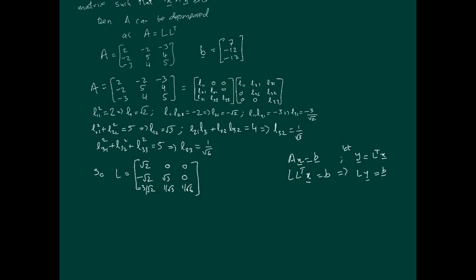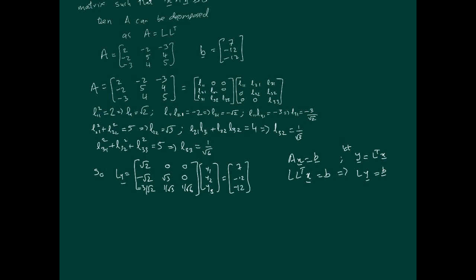So we'll solve Ly equals b first. We'll just do forward substitution in this case. What we're saying is basically, if I put y here, then this would become y1, y2, y3, and that's supposed to be equal to the right hand side, which is 7, -12, -12.